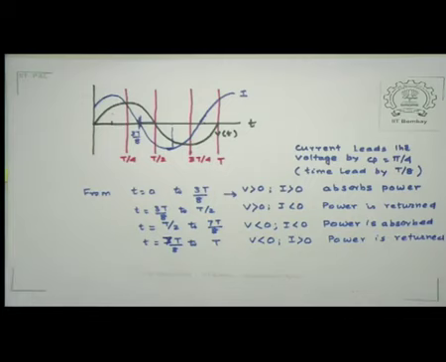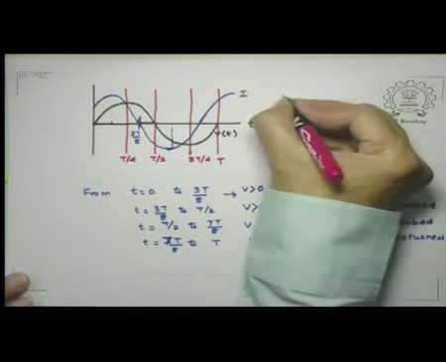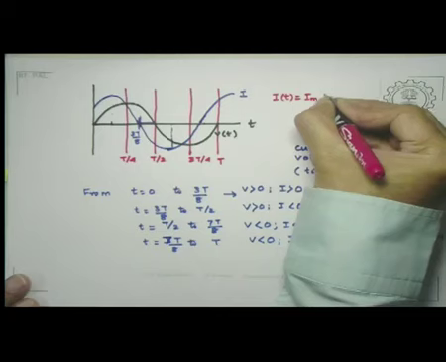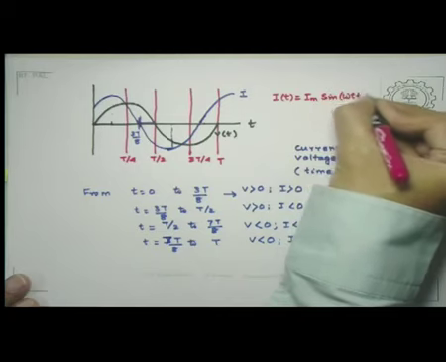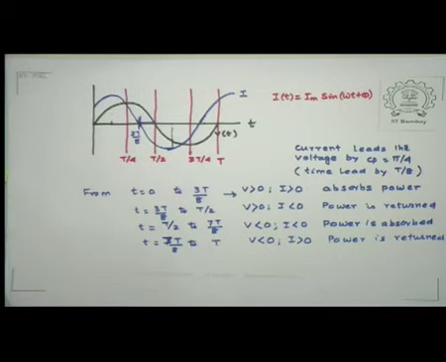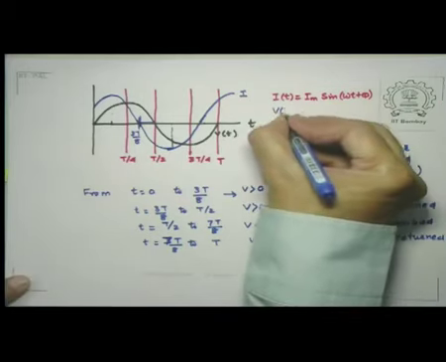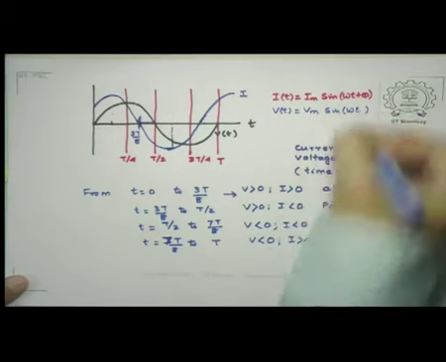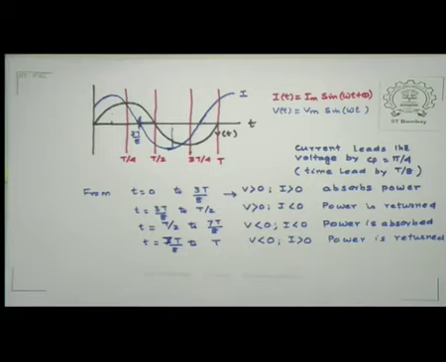Now look at what it actually implies. So what we have actually said here is the following, that my current expression, so let me write it here, my current expression was Im sine(omega t plus phi), whereas my expression for the voltage was Vm sine of omega t, and in deciding which is positive and which is negative, I realized that the sine function remains positive for the first two quadrants and becomes negative in the next two quadrants.